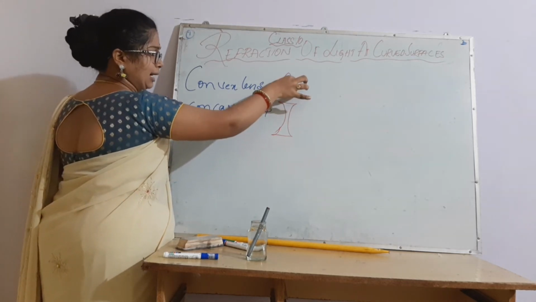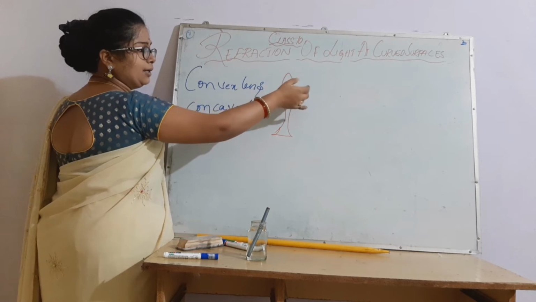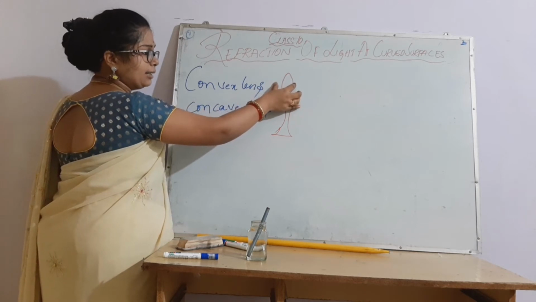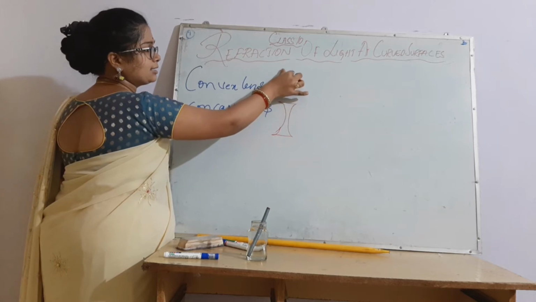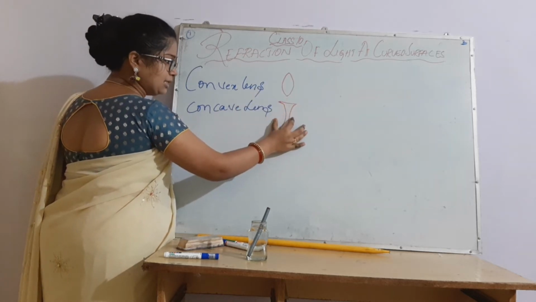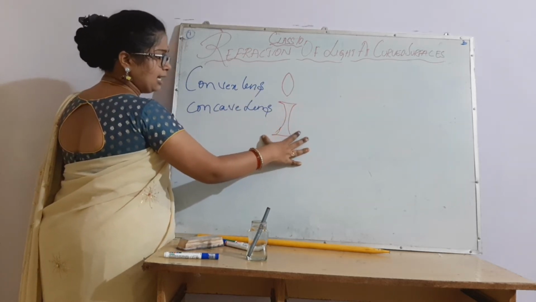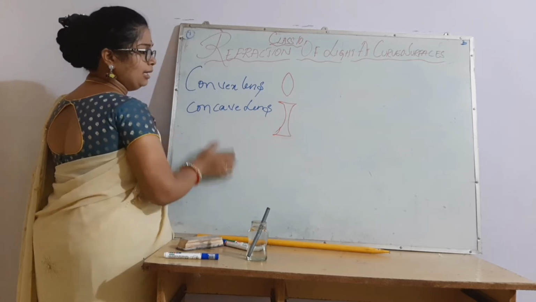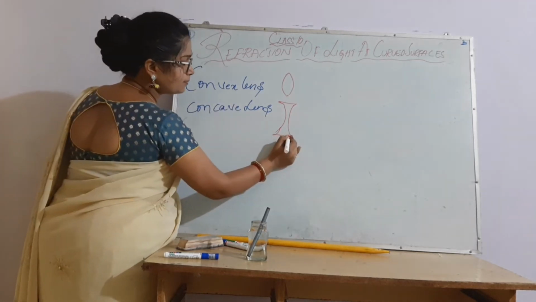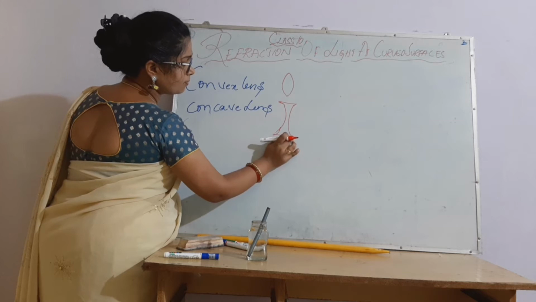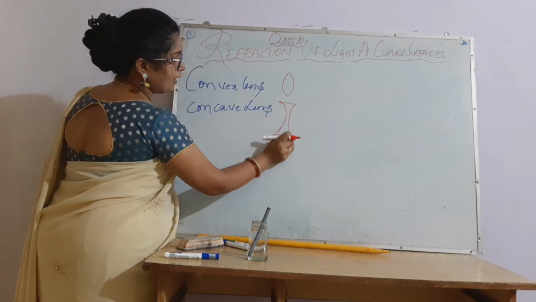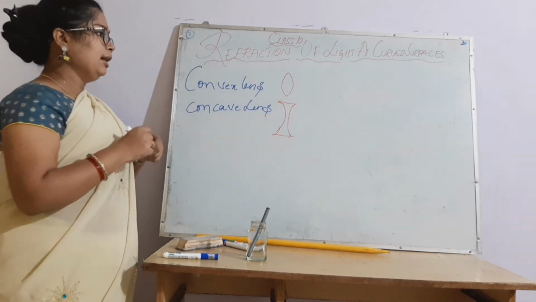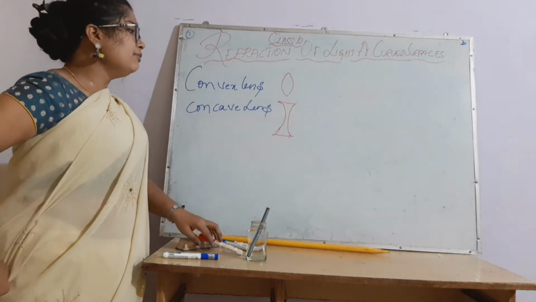It will be bulged like this at the middle, and it will be thin at the edges like this. And it will be thin at the edges, and when you come down, it will be bulged.